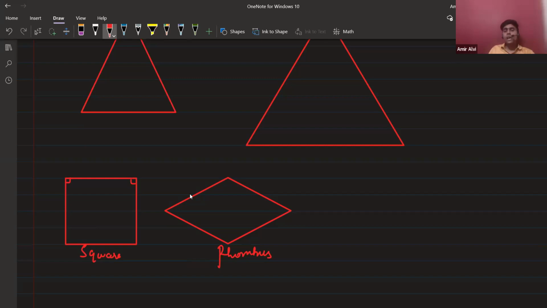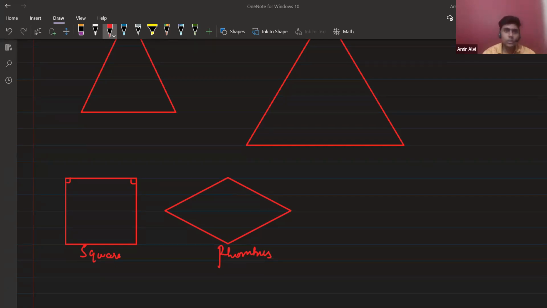So for similarity, we have different criteria to identify whether triangles are similar or not. Clear? Yes. Okay, let's take one exercise question directly.